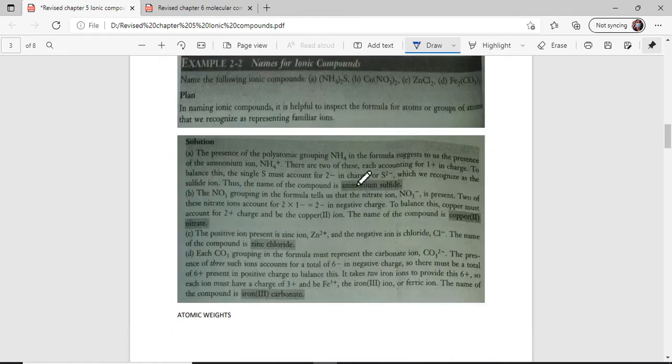First, for your letter A, it is a polyatomic group, which is your NH4. Your NH4 is ammonia. Okay, since it comes first, it is ammonium. In the formula, this suggests the presence of the ammonium ion, which is positive 1. Then, your sulfur charge is 2 negative.